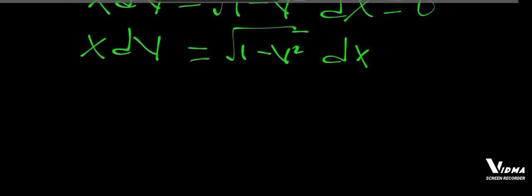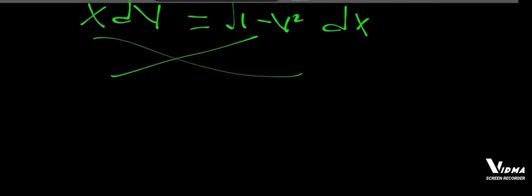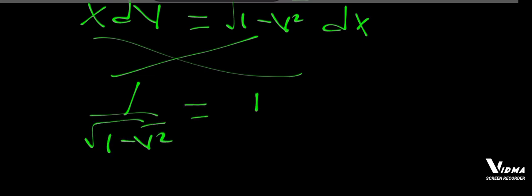So we divide, this comes here, this goes here. So we'll end up with dv over square root of 1 minus v squared, and it is equal to 1 over x dx.